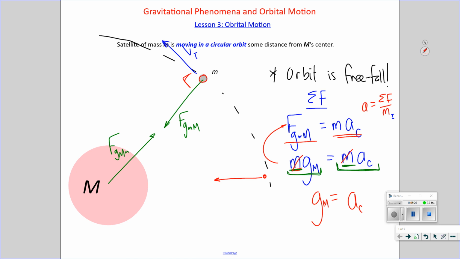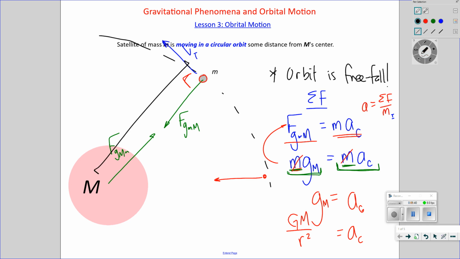In this case, it happens to be a centripetal acceleration. That's a_c, not a g. So that acceleration depends on big M's field, capital M over r squared, where here's r from here to there.